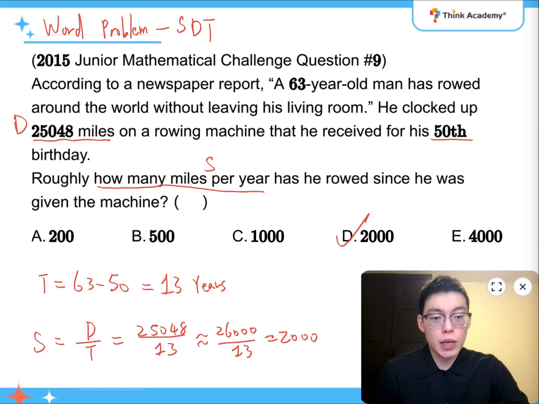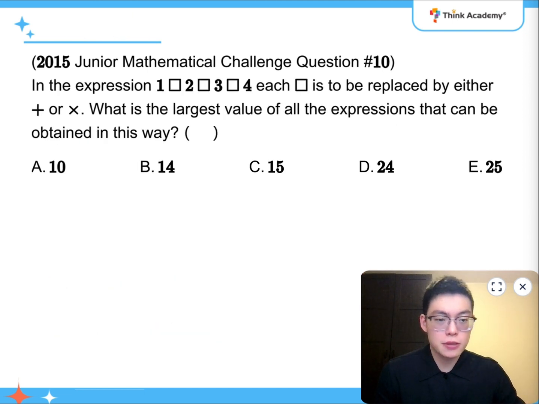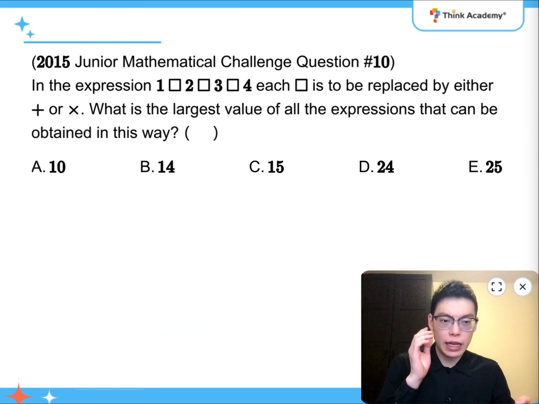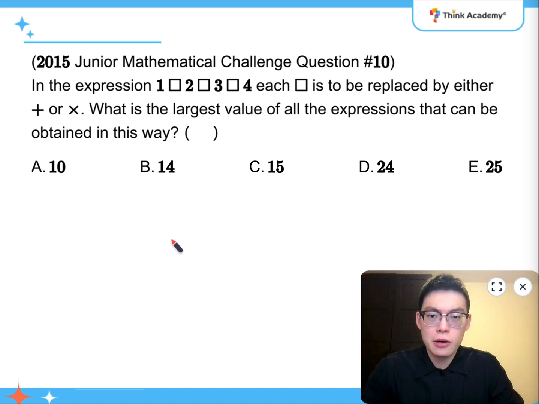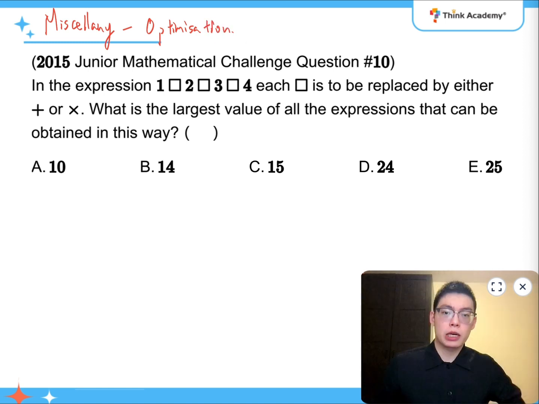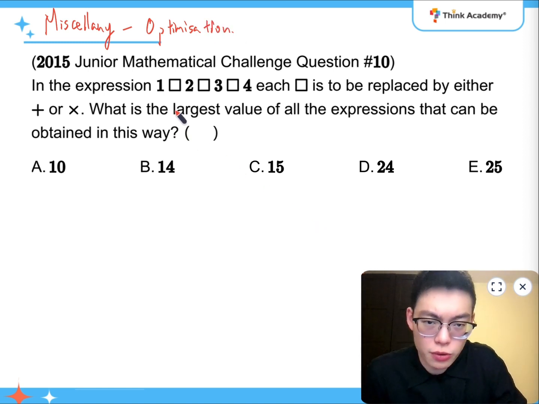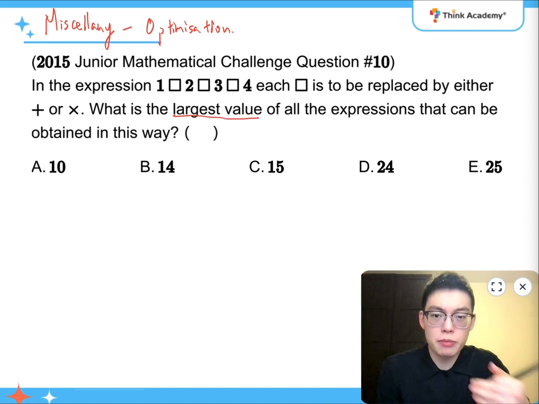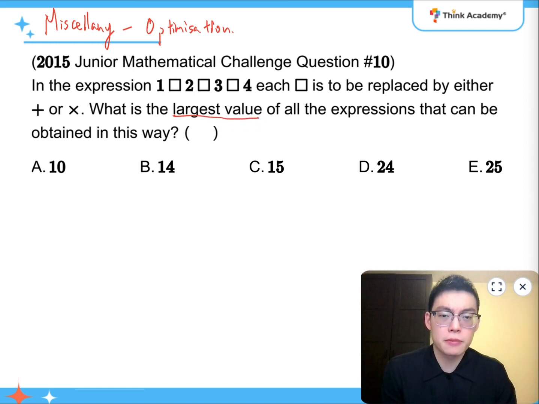All right, so let's take a look at question 10 now. So question 10 is about filling in the operations. I would classify this as definitely an optimization problem in miscellany, because we want to find the largest value of all the expressions that can be obtained in this way, right?